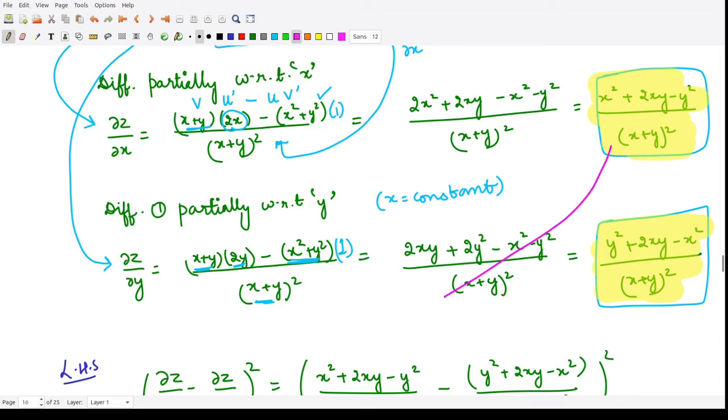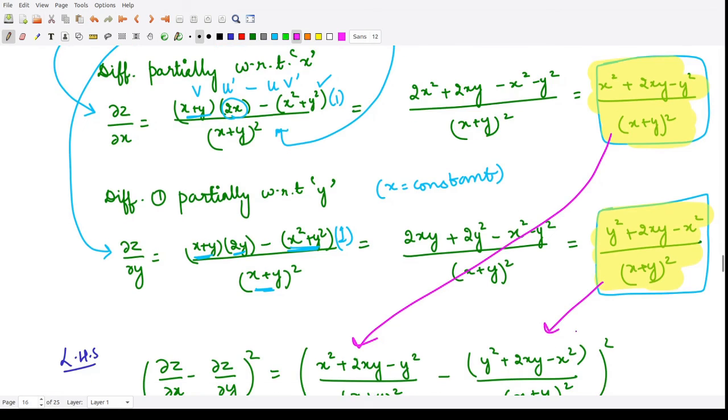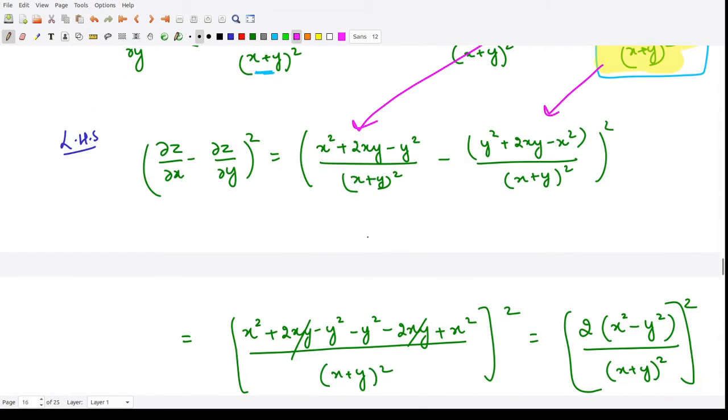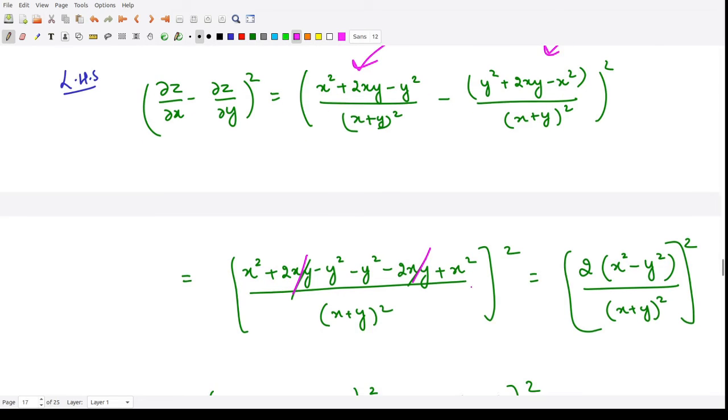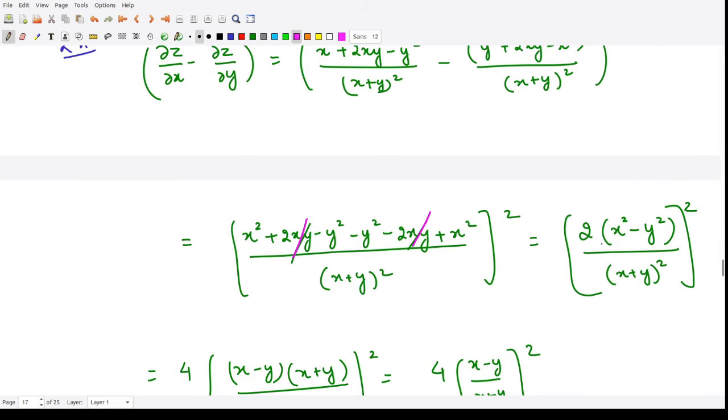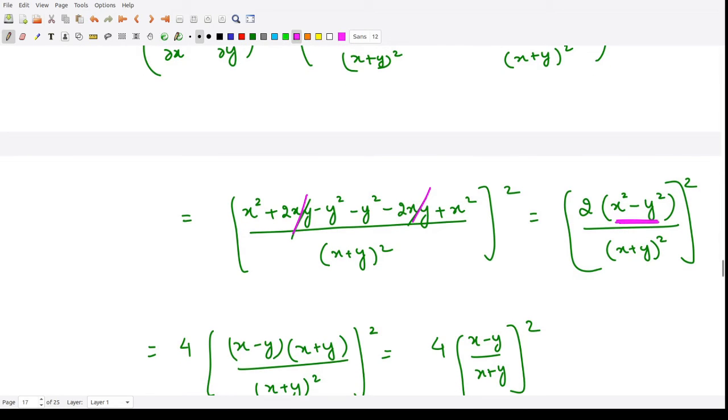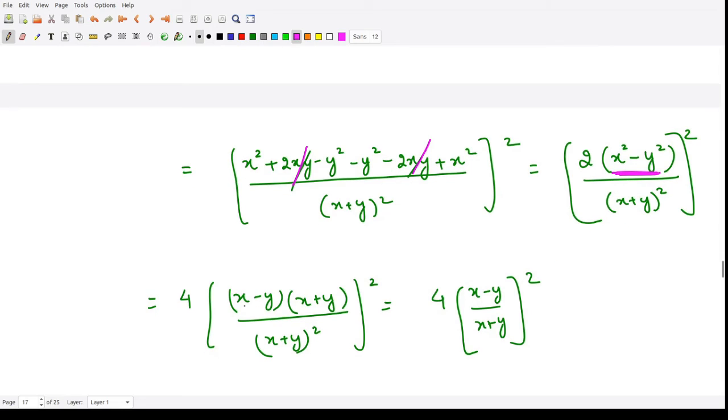When you substitute, you finally have this quantity. Now because the denominators are the same, you could club the terms. This term cancels with this one, and when you simplify this, you will have 2 times x square minus y square, whole square. Now because this is x square minus y square, you could open up this term as x minus y times x plus y. So one power cancels with this one power, right? You are left only with this term.